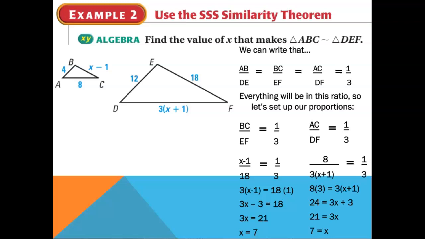We have one more shortcut to go over. That's side-angle-side. If the lengths of two corresponding pairs of sides are proportional and their included angle is congruent, then the triangles are similar.